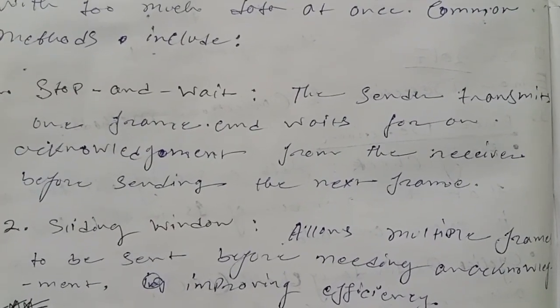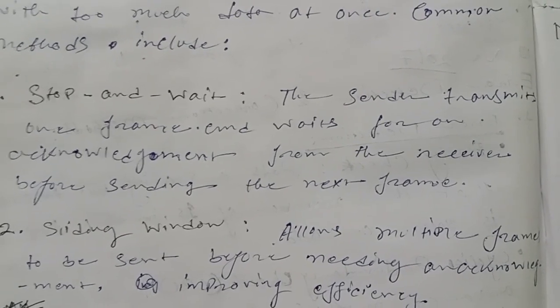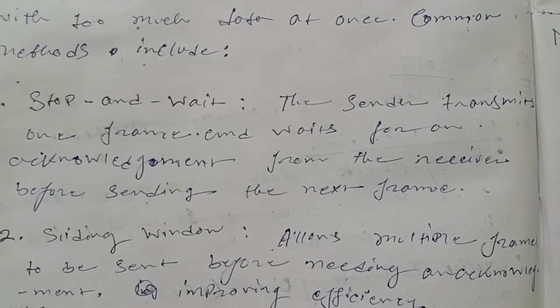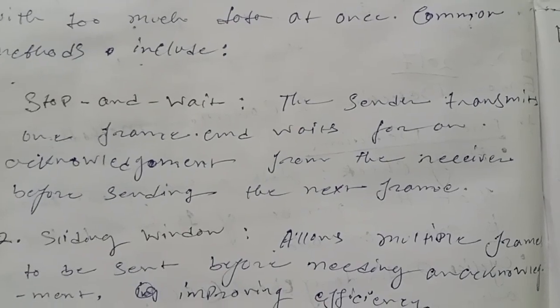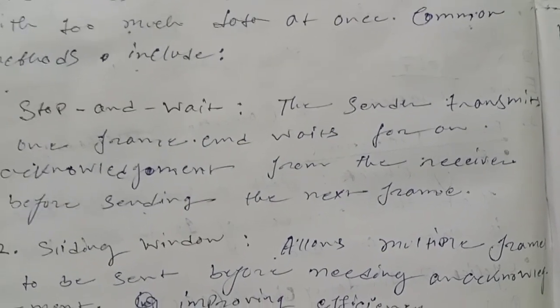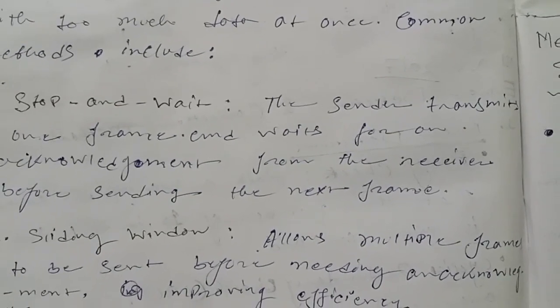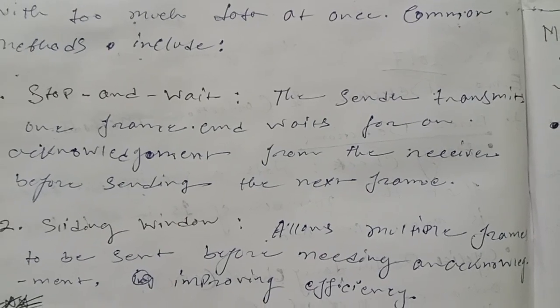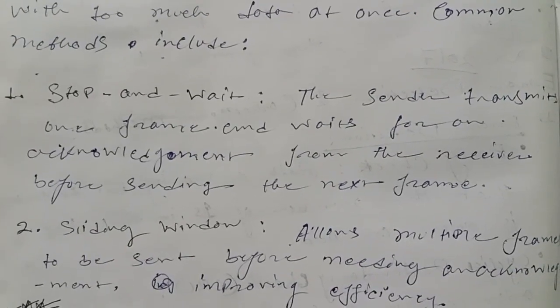After receiving the frame, sender B will give the acknowledgement to sender A, to ensure that the frame was received successfully. So the sender transmits the frame and waits for an acknowledgement. And this is the stop and wait protocol.